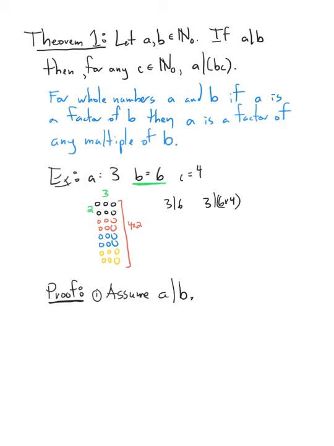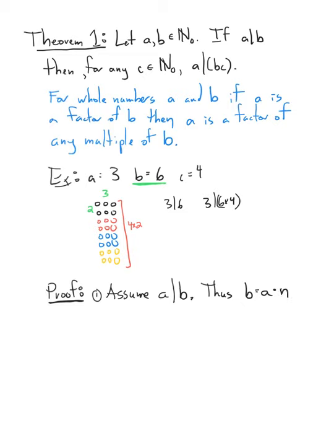So what does that mean algebraically? So that means that we should be able to write B as A times some number. And I don't want to use C as that other number because C is going to stand for our multiple here. So I'm going to call it, I don't know, N, I guess.